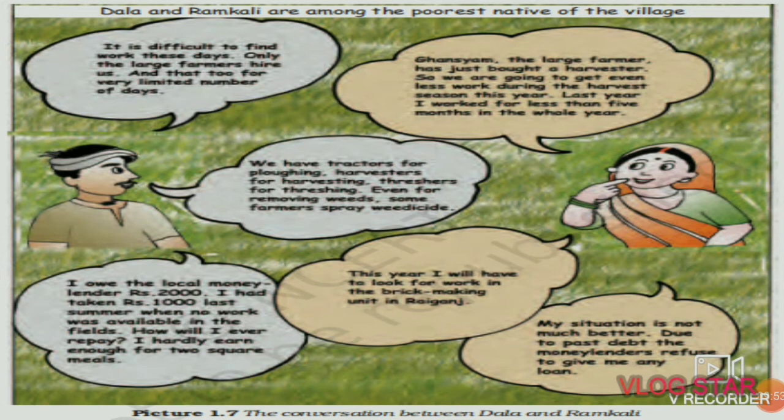Like here, Ramkali is thinking of going to the brick making units in Raiganj. And you can also see that due to their low earnings, both of them have taken some loan and they cannot repay it. And now no one is ready to give them a loan. So both of their conditions are very bad, and they are the poorest natives of the village.